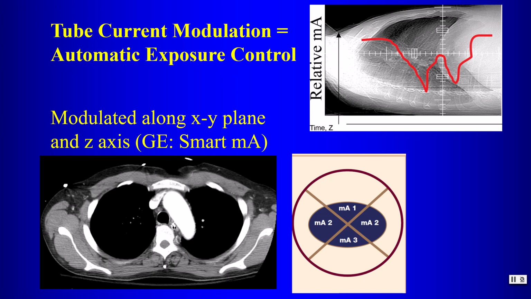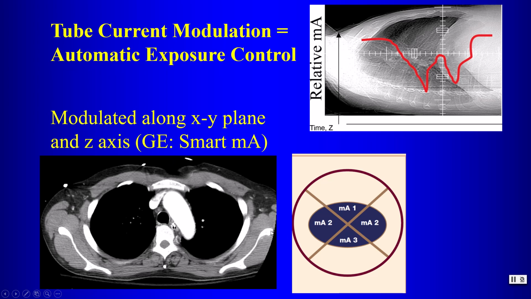And the way this works is that as the X-ray tube is going around the patient and going through the various body parts, the mA is modulated in this XY plane and along the Z axis. GE calls this process Smart mA, so that when the X-ray tube, let's say when we're scanning from here to here, from top to bottom, we decrease the mA since we're not going through a large amount of thick soft tissue.